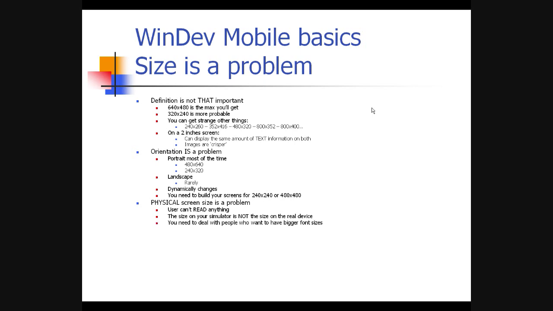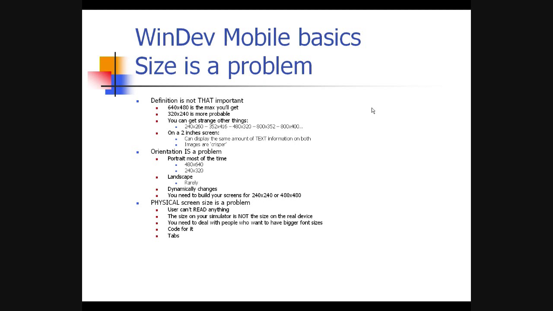And if you want to do something that works well for this kind of market, you need to deal with all these people who will want to have bigger font size. You have to code for it. And for that you have to have a very easy way to change the size of the font in every kind of display that you have.